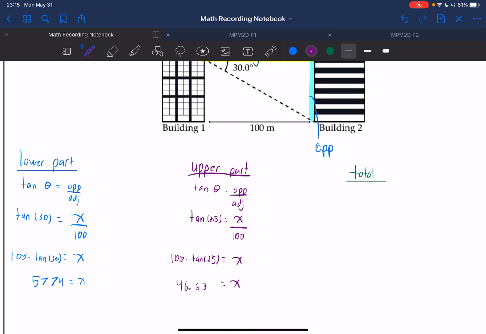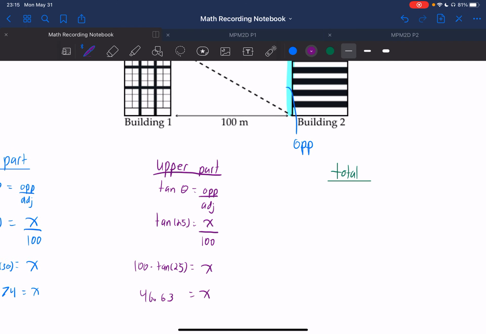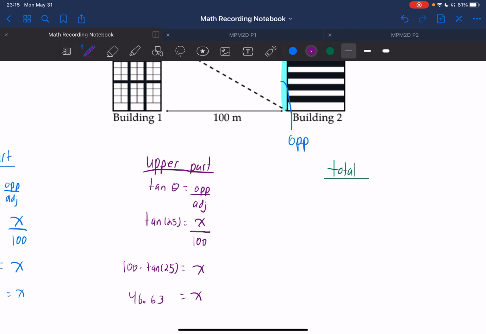Excellent. So what we're going to now do is add them together. So total is equal to 57.74 plus 46.63. It's going to give us 104.67, and we round up to the 100.